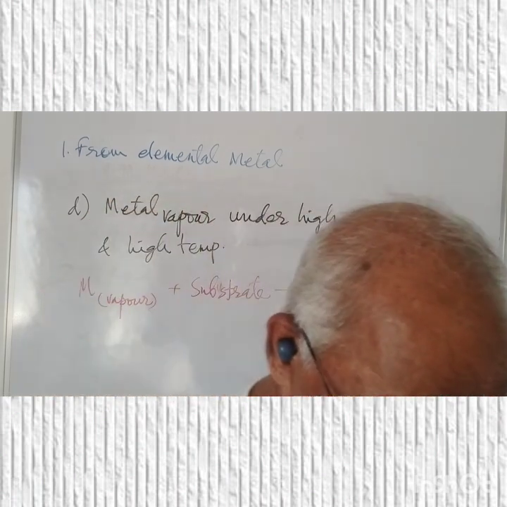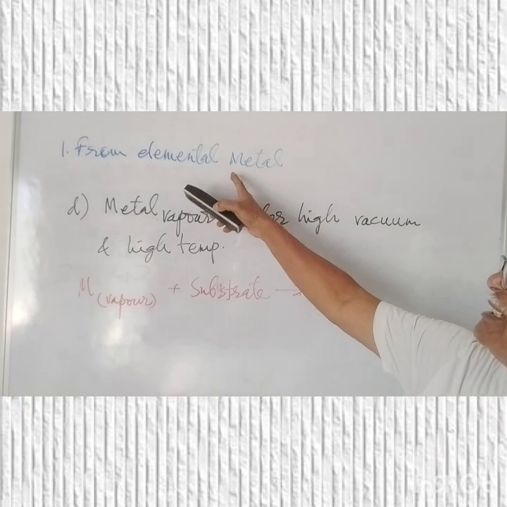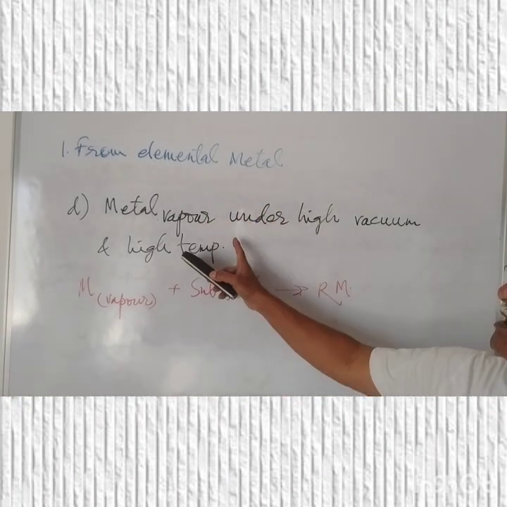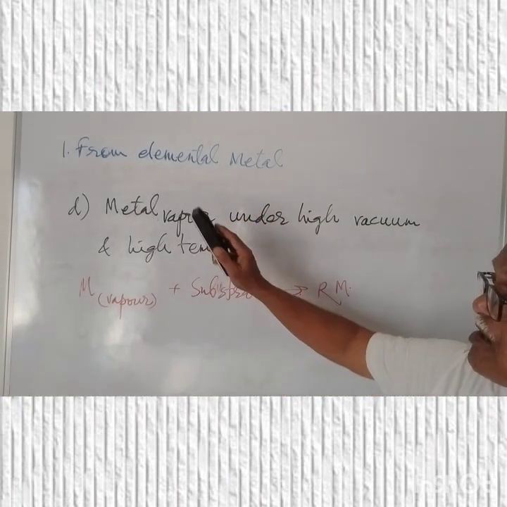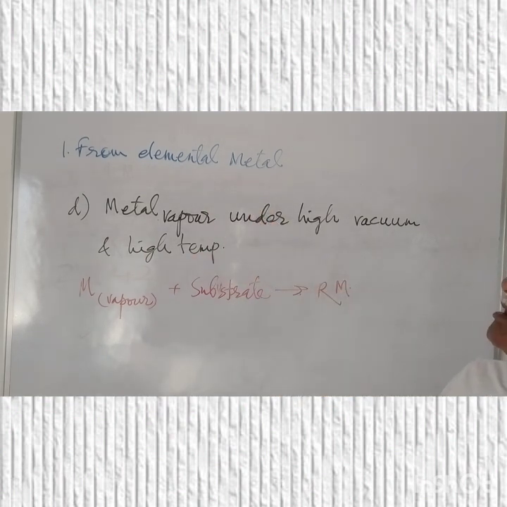So these are the types from elemental metals. These include a variety of reactions, but all are shown under this head, where the elemental metal is used.